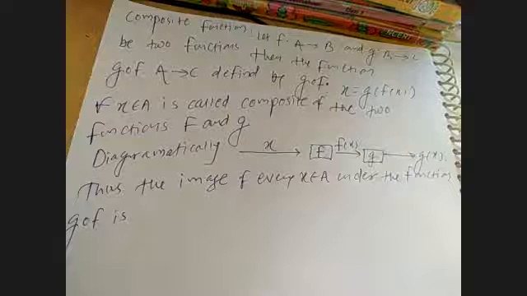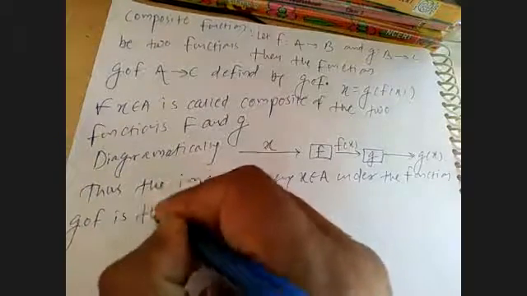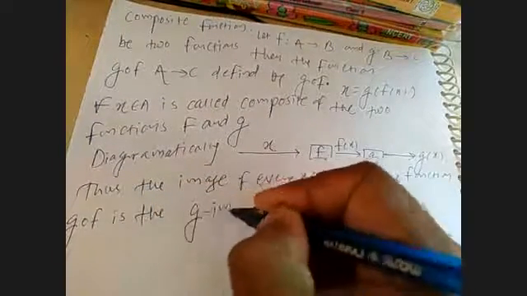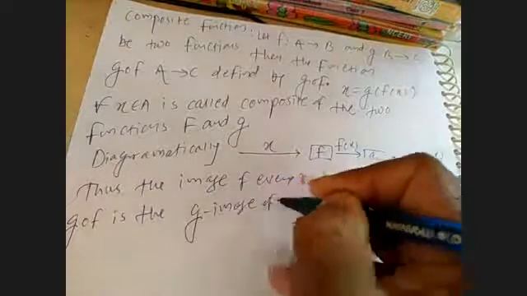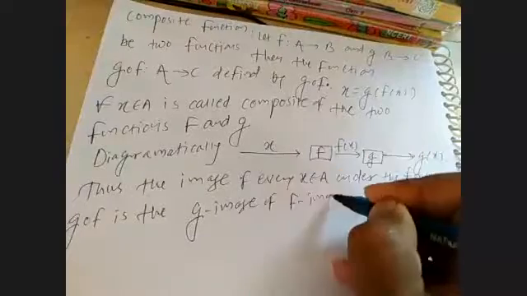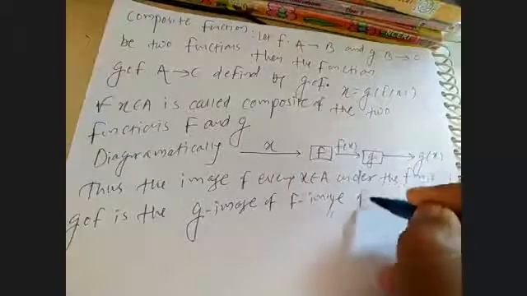Thus, the image of every x under g of f is the g image of f image of x.